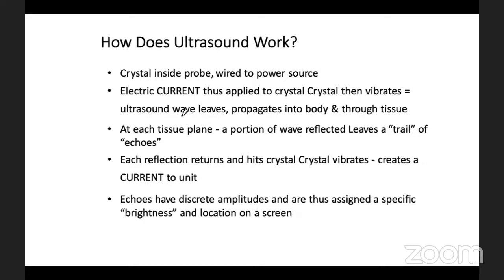So how does ultrasound work? In the probe which you put on the head of the baby, there are crystals called piezoelectric crystals, and there is a wire. When it is connected to the electric current, the crystal vibrates and generates sound waves, which then propagate into the body and tissue. After they come across any object in their pathway, those echoes are reflected back into the probe, and this way the image is formed in the machine.